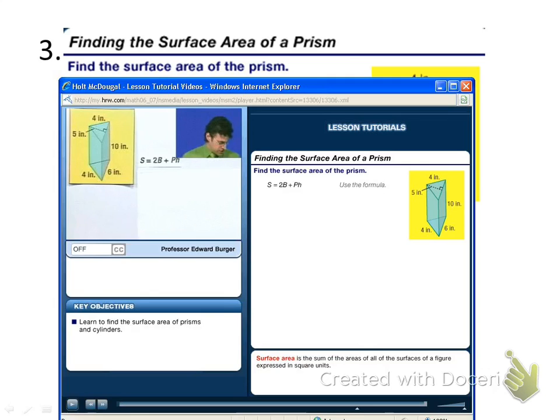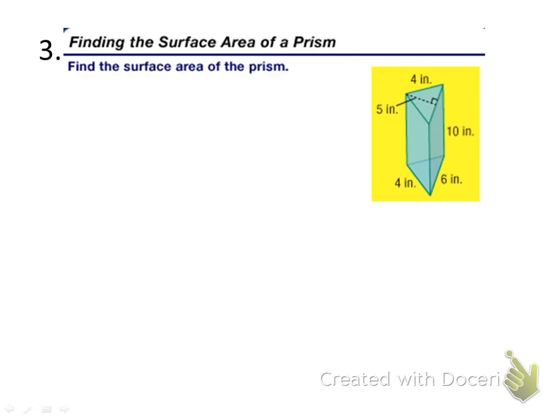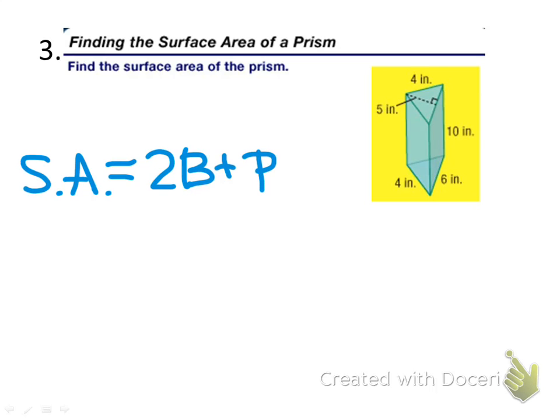Okay, so we're going to solve this now. So we have surface area. What is the formula for surface area, Amani? 2 times base plus perimeter times height. Thank you, Genesis. So here's the base. He already said that the base is a triangle.